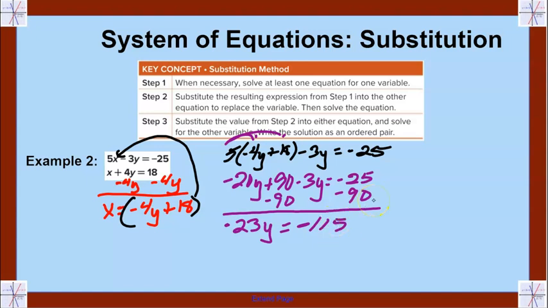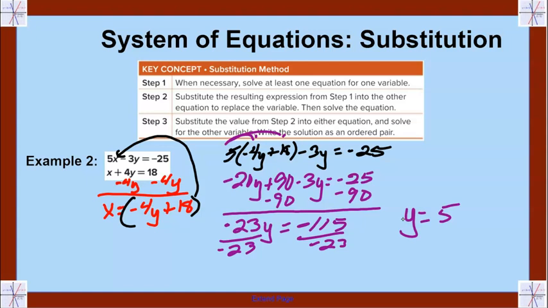And to get y by itself, I'm going to divide by -23. And I'm left with y equaling -115 divided by -23, which gives me a positive 5.